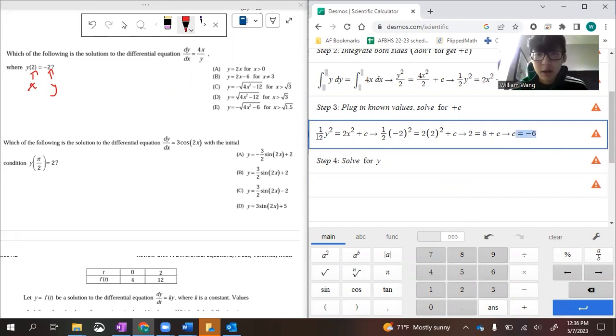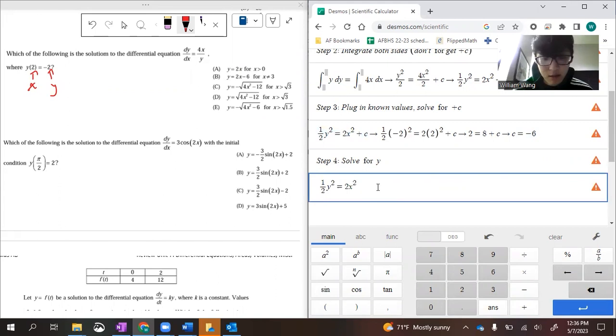Cool. So I take my original equation, and now I know my c value, it's -6. So I can solve for y. In order to solve for y, I'll multiply the whole equation by 2. That gets rid of the 1/2 here, so that turns this into 4x squared minus 12.